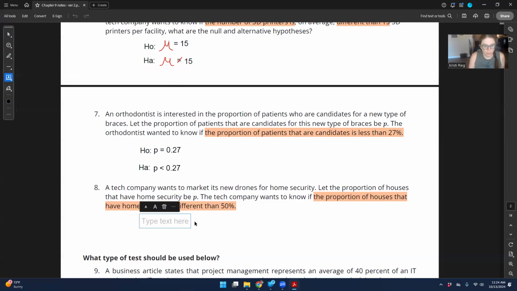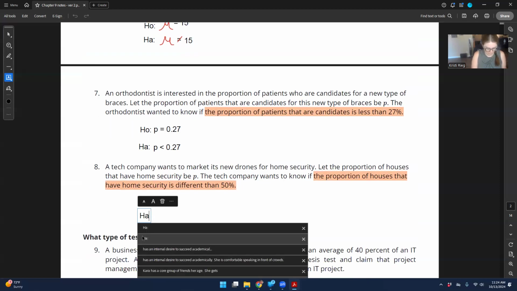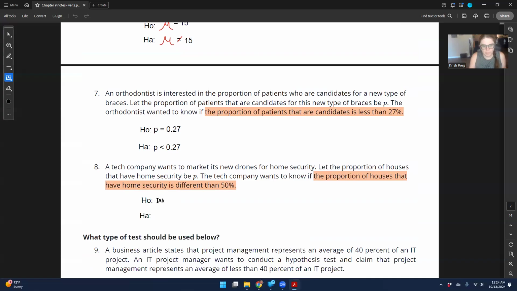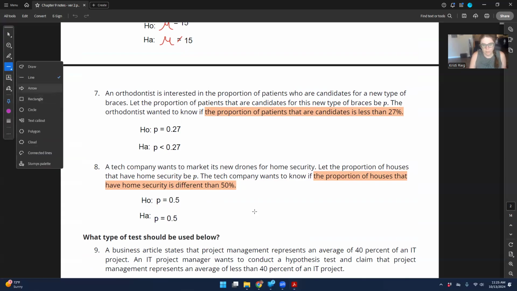We have our null and our alternative. I like to do our alternative first because that's our claim. The proportion is not equal to 50%. I'll put the not in a second. And the proportion is equal to 50%. So those are the two scenarios.